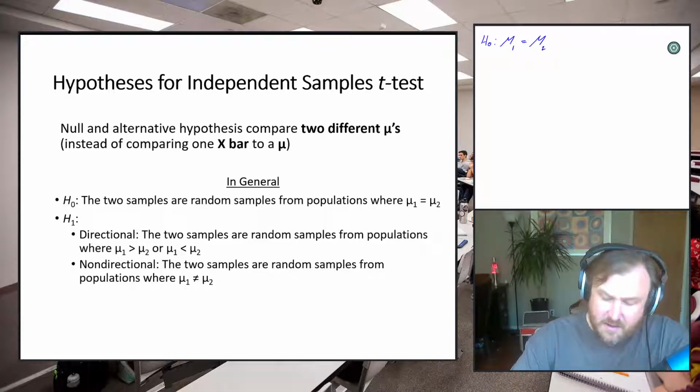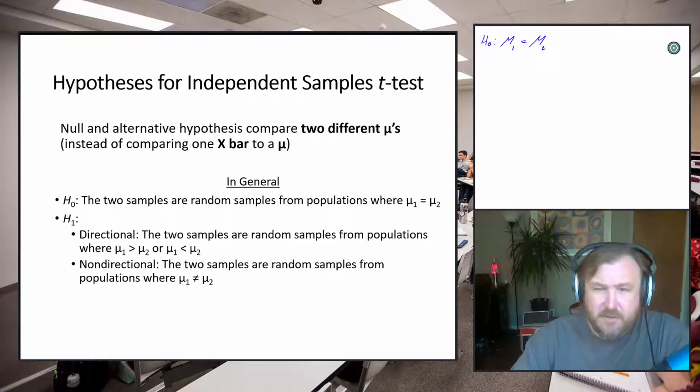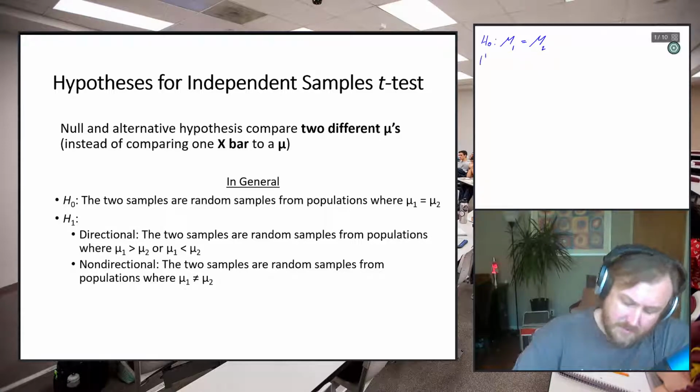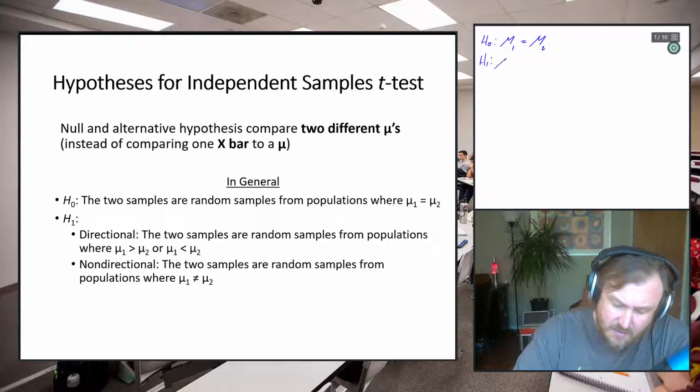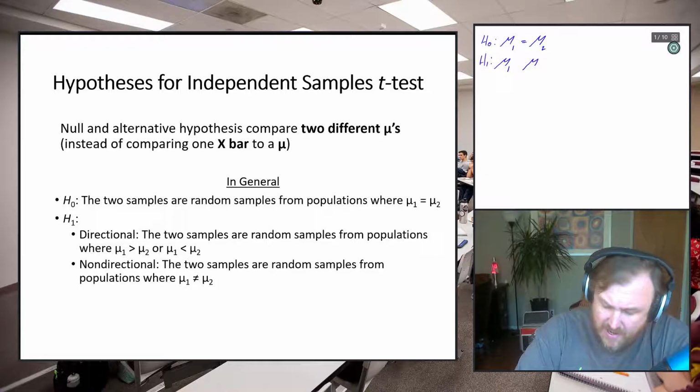Again, the null hypothesis is simply saying there's not a difference. The alternative hypothesis is going to be that mu of group 1 is in some way related to mu of group 2.